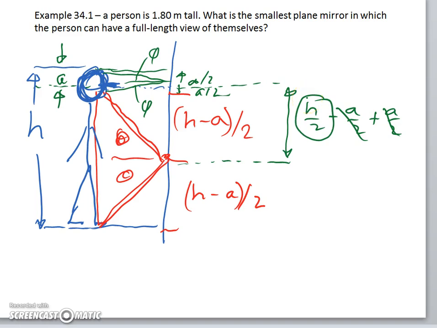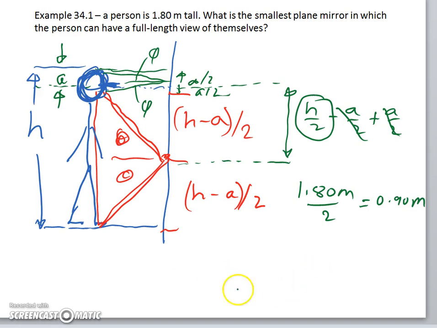So we can see that directly by simple ray optics, and therefore the answer is that the minimum length would be 1.80 meters divided by 2, which is 0.90 meters.